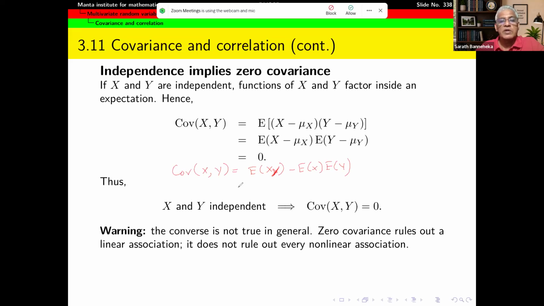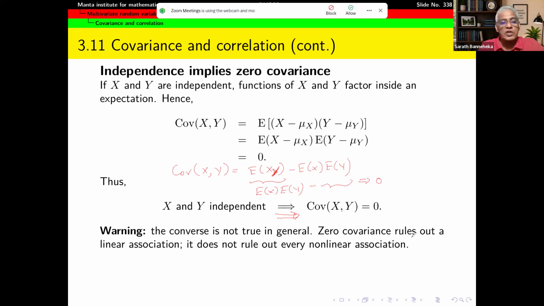But if x and y are independent, then this term will be expected value of x times expected value of y minus the same thing here. So therefore, this will give you 0. So that is the other way to look at it. Therefore, x and y independent implies, in this direction, covariance is 0. But the warning is that the converse is not true in general.